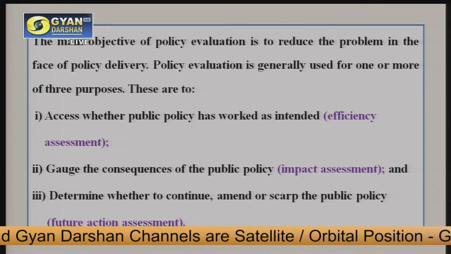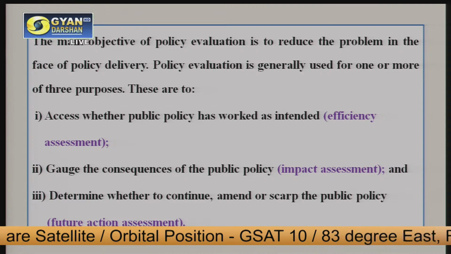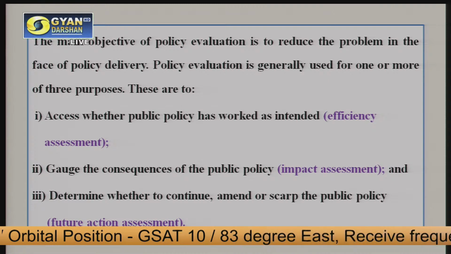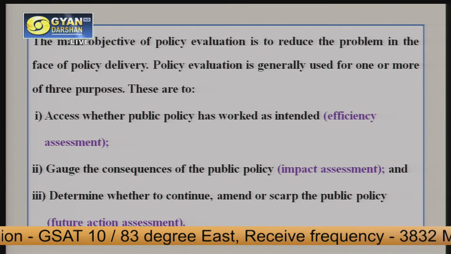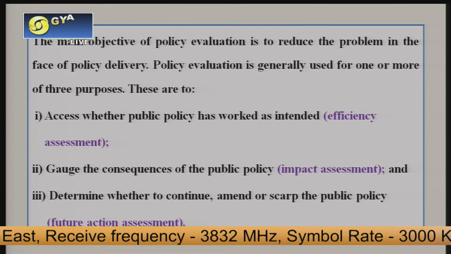For example, now a lot of policies have come, like skill education providing, the new education policy, the new agriculture policy, and the new IT policy.